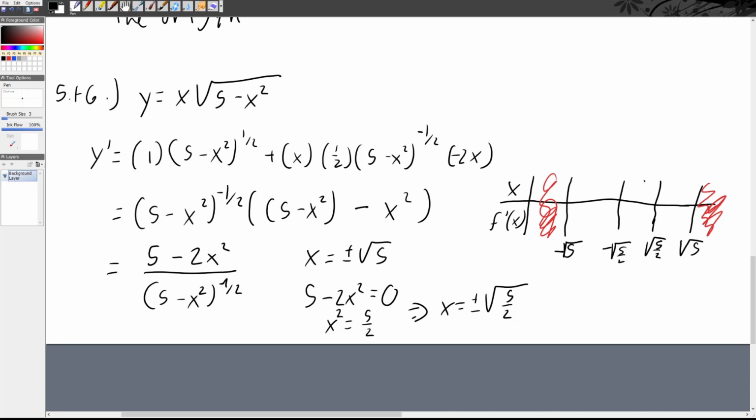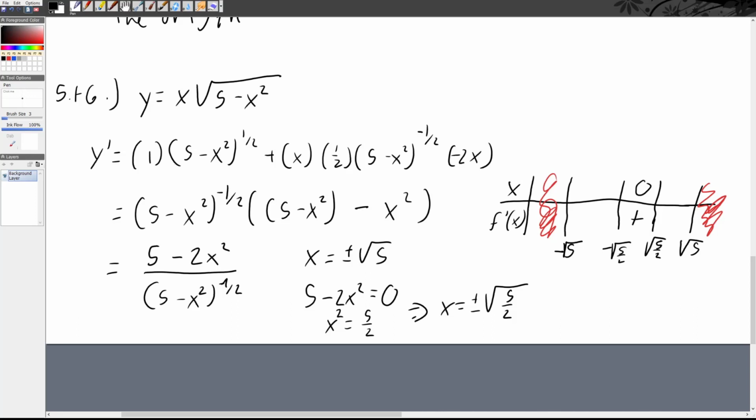So let's pick an obvious one, 0. Put it back into f prime of x and see what we have. We put in 0 here, we put in 0 there. We get a positive number. Then between square root of 5 over 2 and square root of 5, that is about 2.